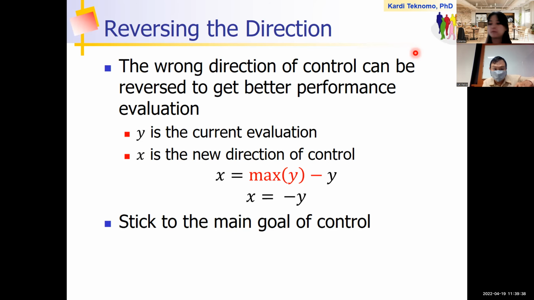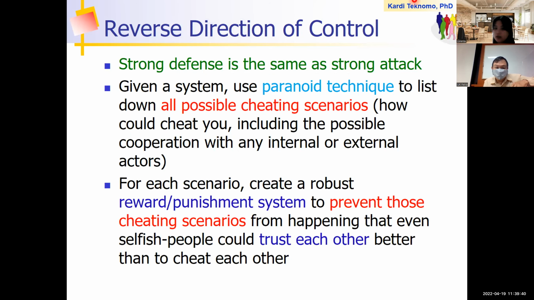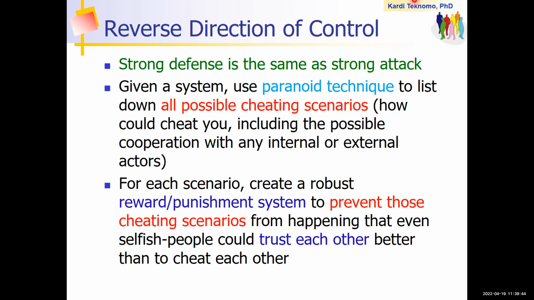I will give you an example after this. Remember, a strong defense is the same as a strong attack. Given the system, you can use a paranoid technique to list down all the possible cheating scenarios. So you become paranoid, suspecting how the others may cheat you.